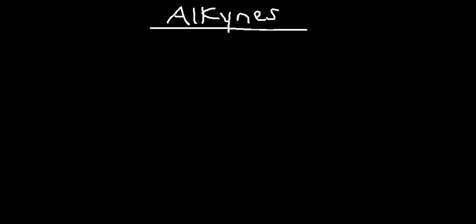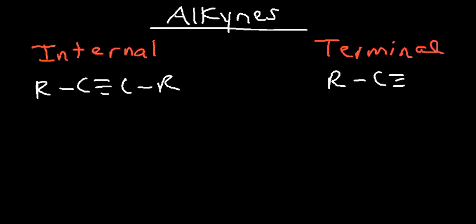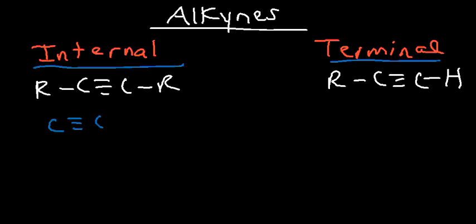So now let's go into alkynes. We're going to compare the internal and the terminal alkynes. Let's start with the internal alkyne, which would look like this. And the terminal alkyne, there's going to be a hydrogen on one side. Now, both groups have a C triple bond C stretch.